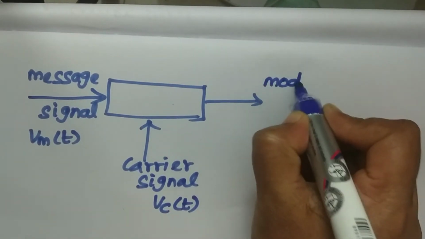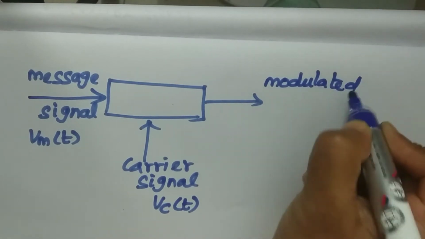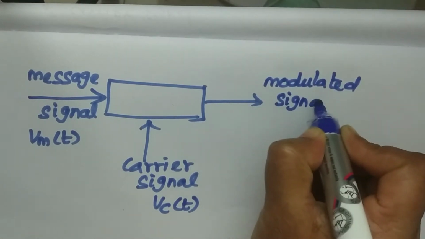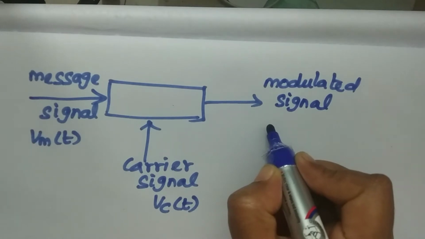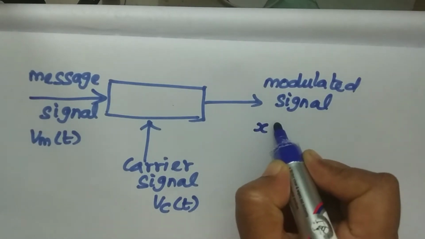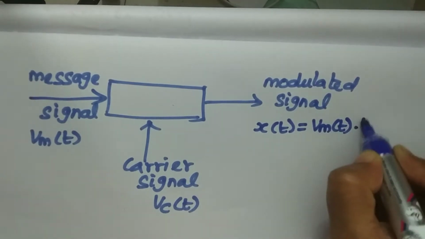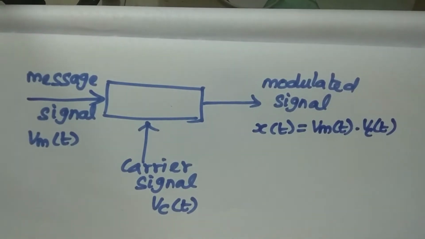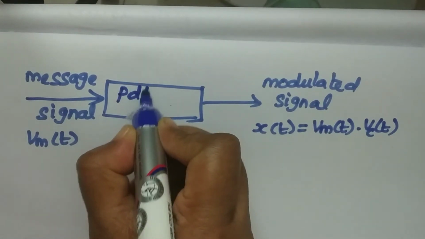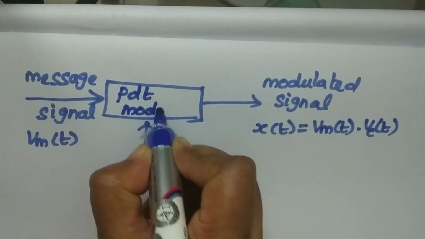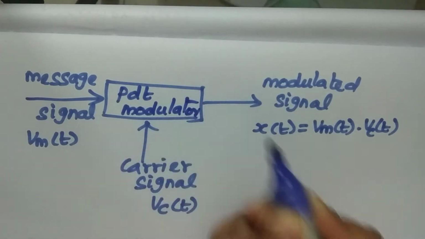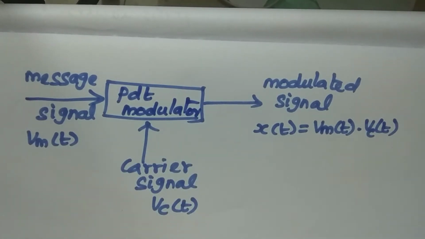This is the modulated signal, and this is the product modulator. So this is the simple block diagram we are using in double sideband suppressed carrier amplitude modulation.